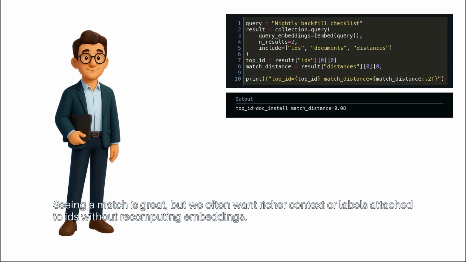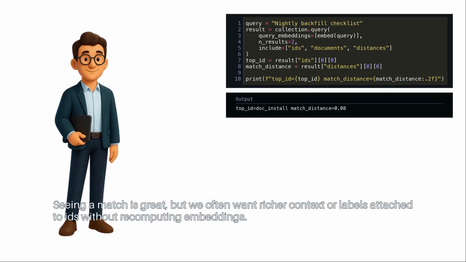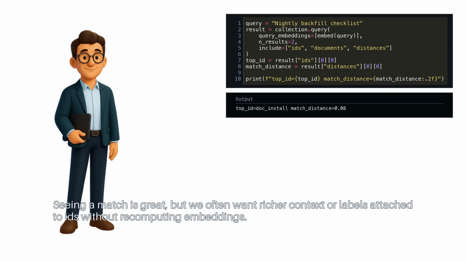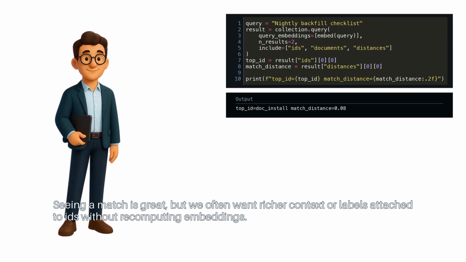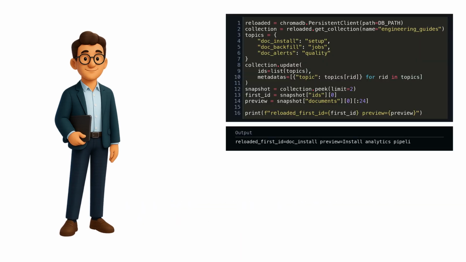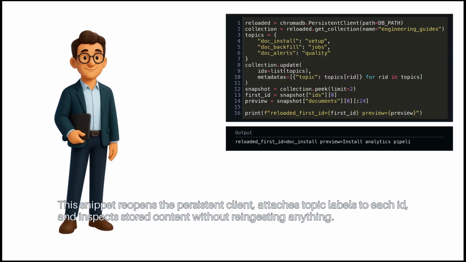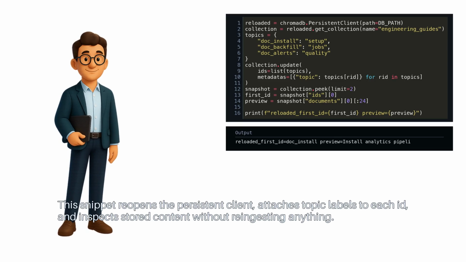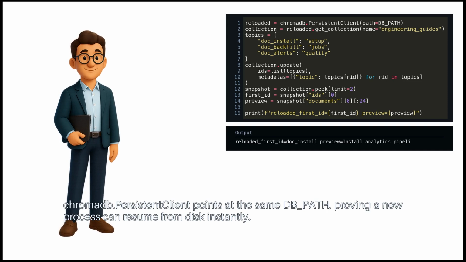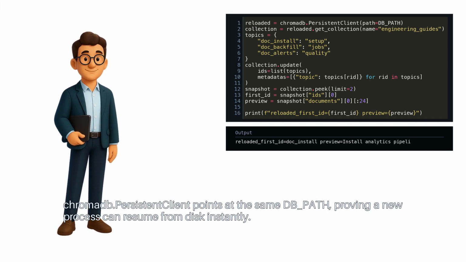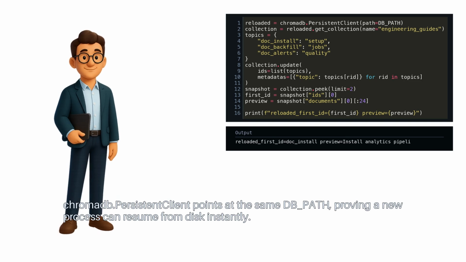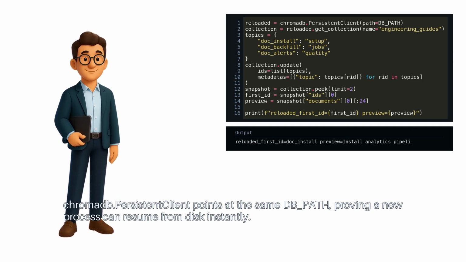Seeing a match is great, but we often want richer context or labels attached to IDs without recomputing embeddings. This snippet reopens the persistent client, attaches topic labels to each ID, and inspects stored content without re-ingesting anything. ChromaDB persistent client points at the same DB path, proving a new process can resume from disk instantly.